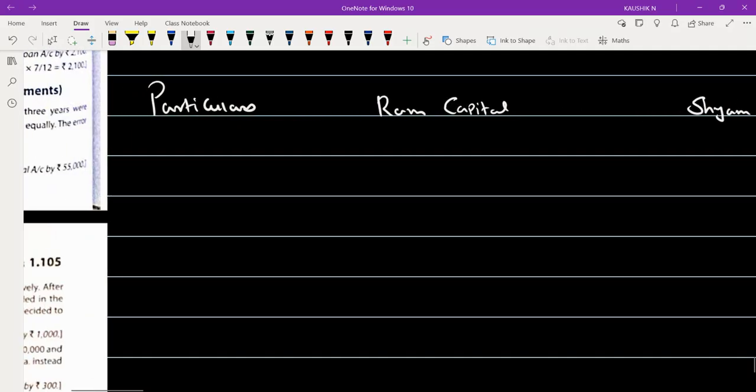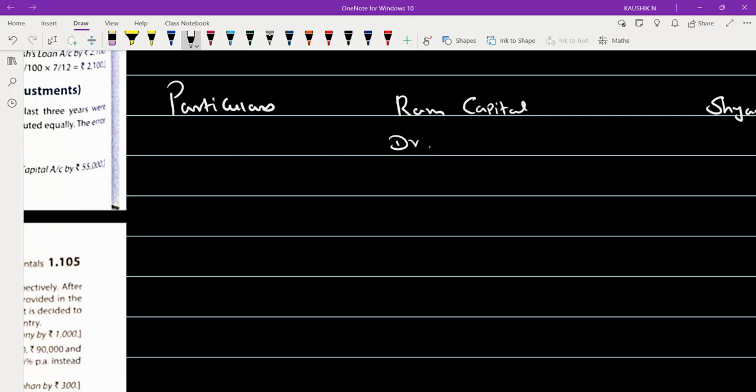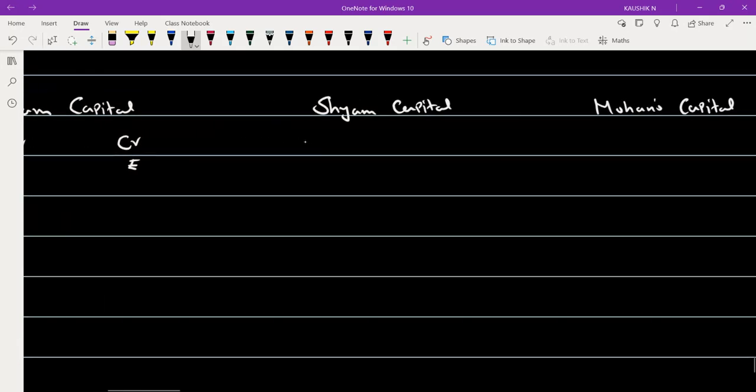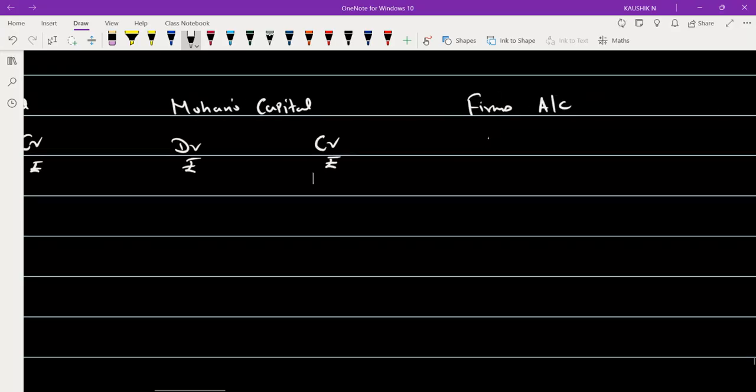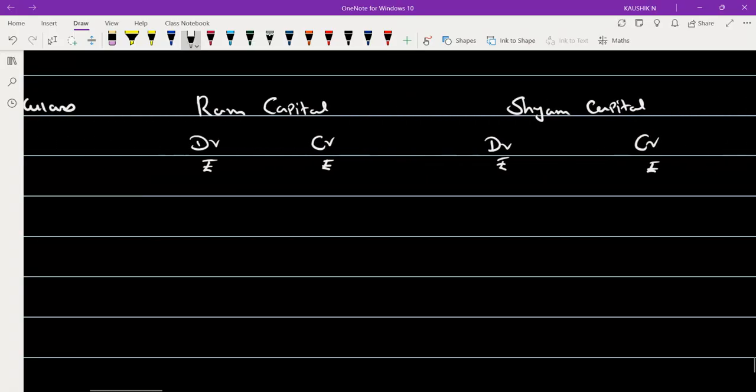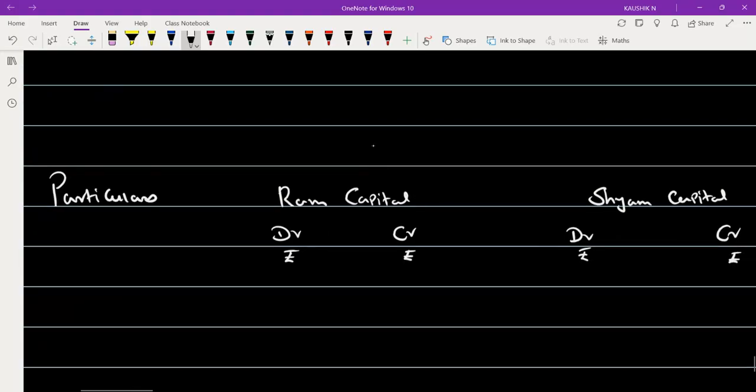Debit and credit to be marked. On top of this you can write adjustment table.